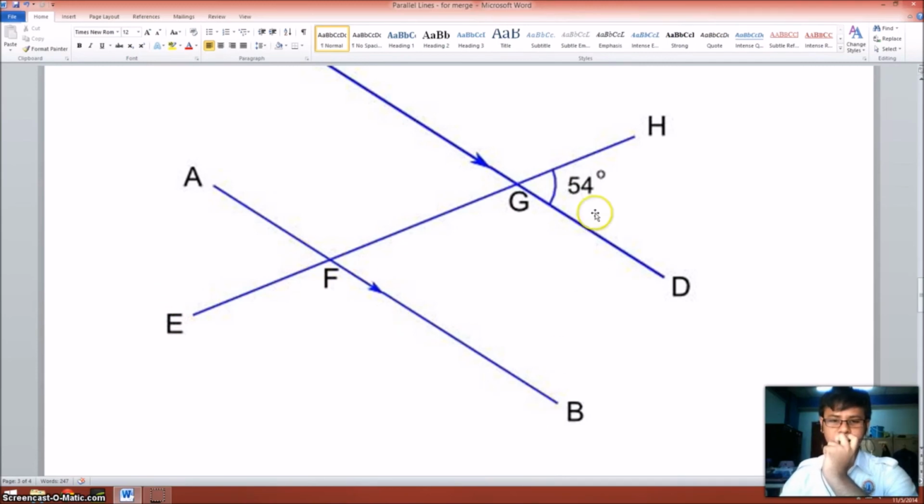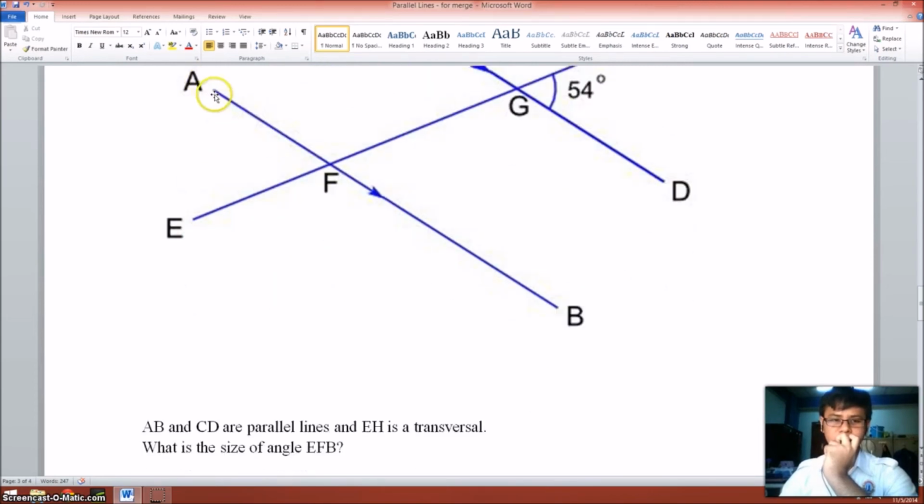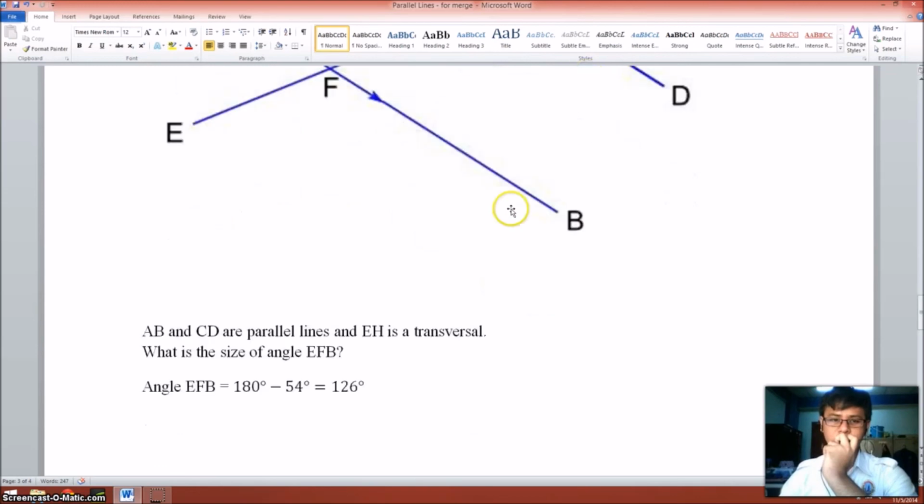So we know that HGD is equal to AFE, and this is a straight line, so the total adds up to 180. Since AFE is 54 degrees, we just do 180 minus 54 and we get 126 degrees.